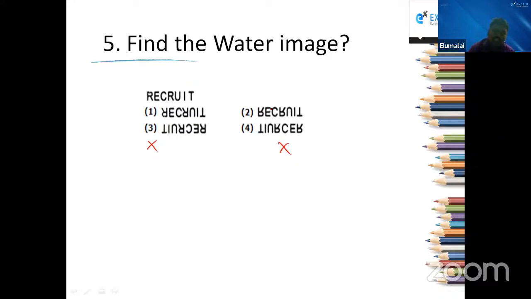So T similar, I similar, U similar, R. If you look at this R, right, the mirror image of R will be like this, isn't it? This one is the correct way, right? So then you could have eliminated this option also. Do you understand this?